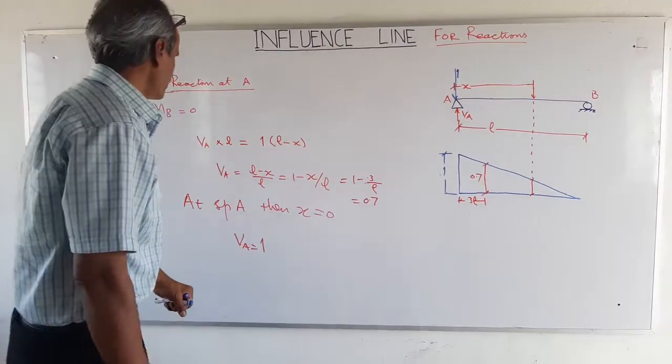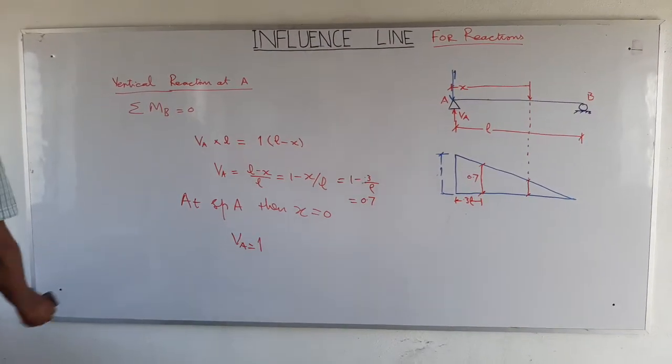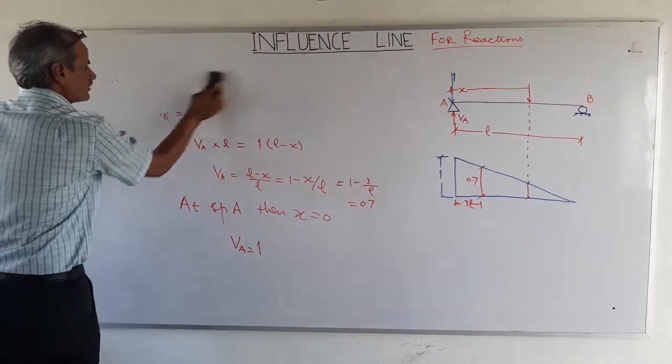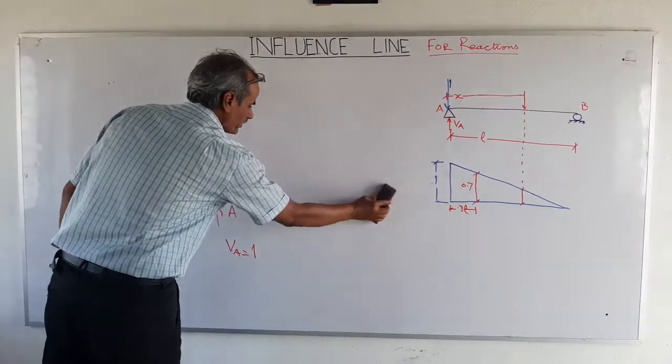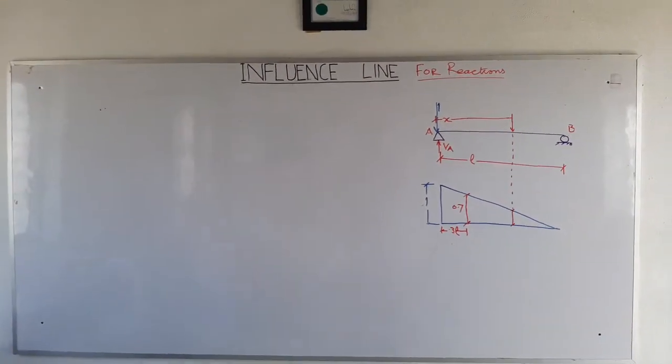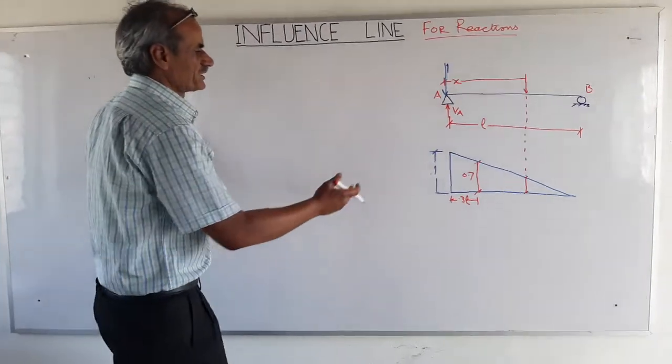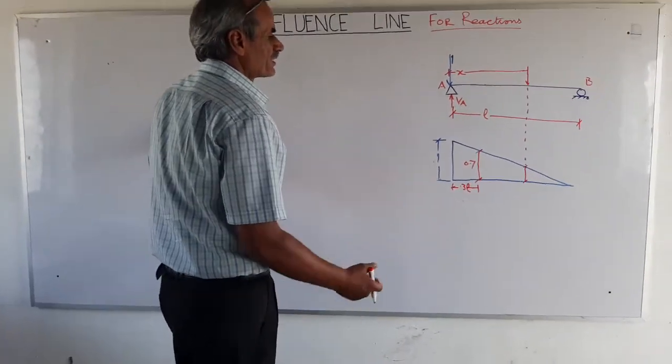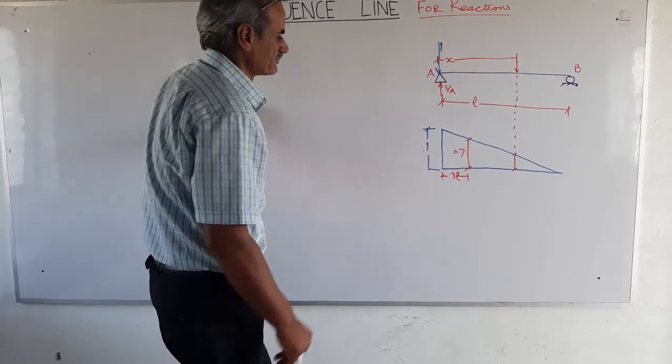Right? So now moving on to the second reaction, say drawing the influence line for reaction at B, you will see that it will be opposite of that.